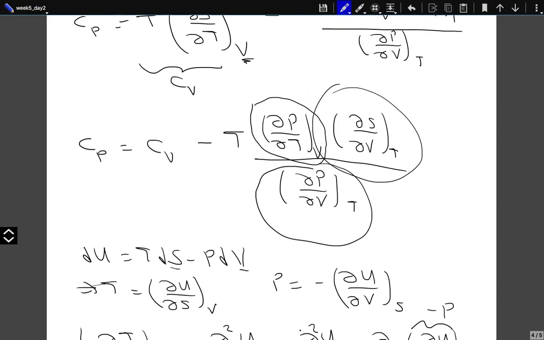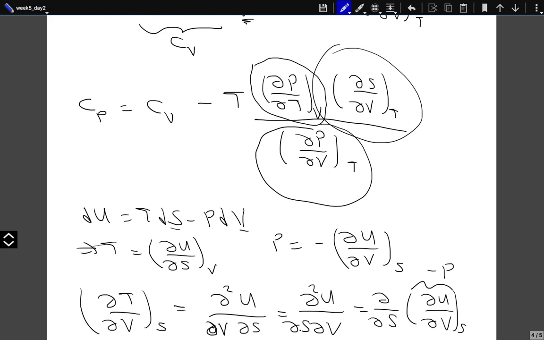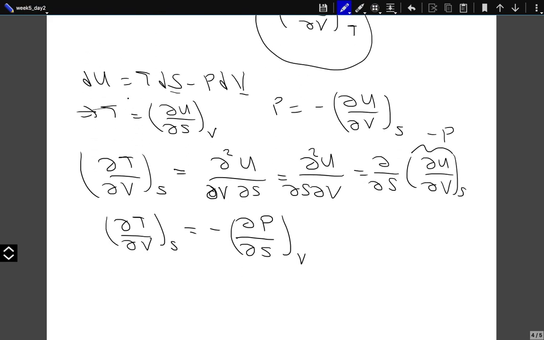Now let's go back. I'm not really interested in this derivative. What I'm interested in is how the entropy changes as a function of V at constant temperature. So first of all, my variables here are V and T. Now here, if I start from U, my variables are already S and V. How can I change my variables to T and V?